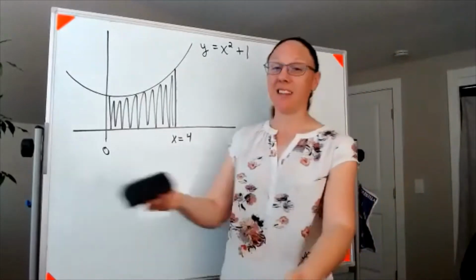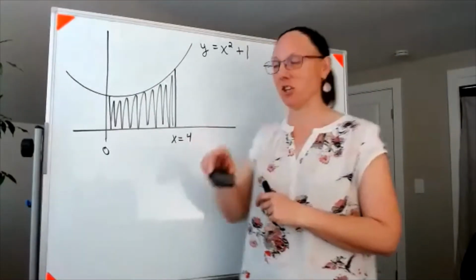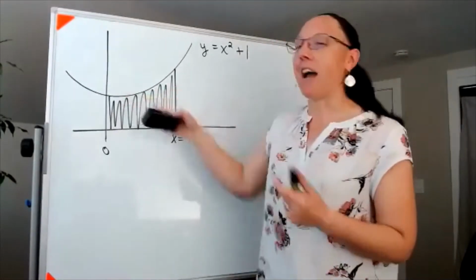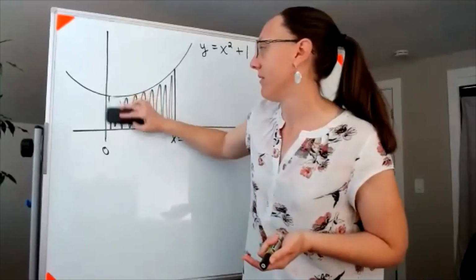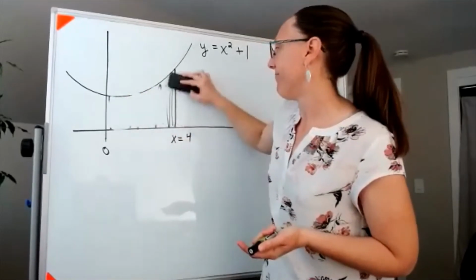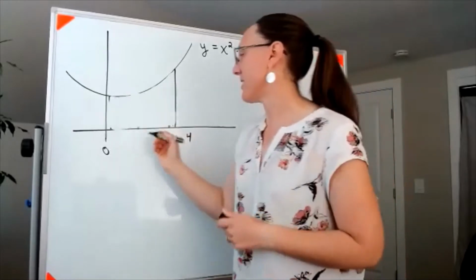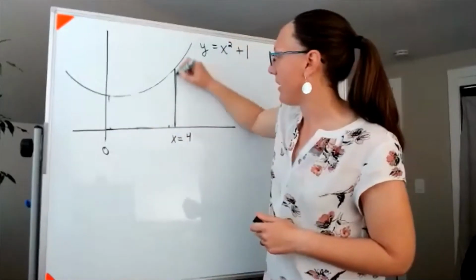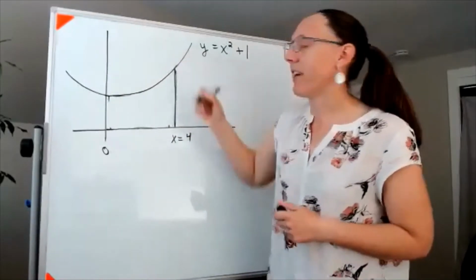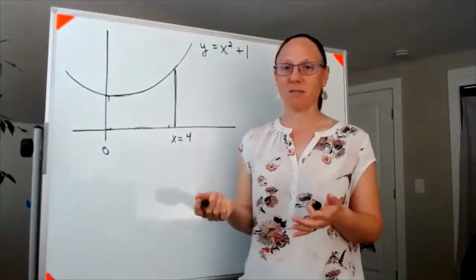So clever mathematician, lazy mathematician, says, well, if I want to find the area in there, what if I just fake it by finding the areas of some rectangles?